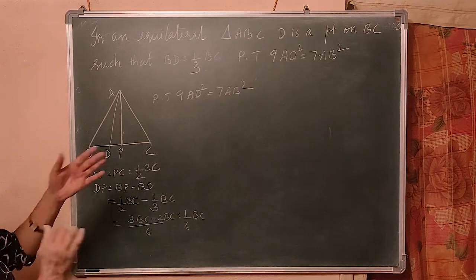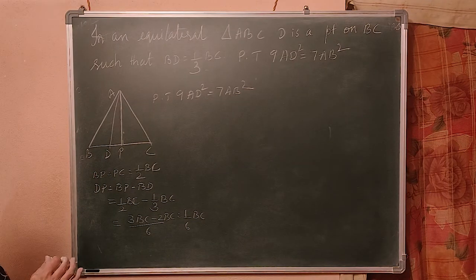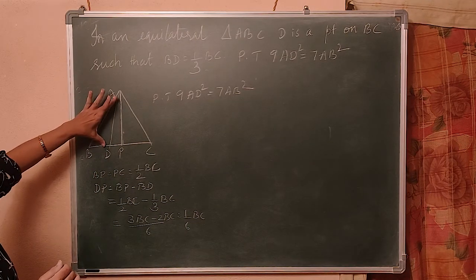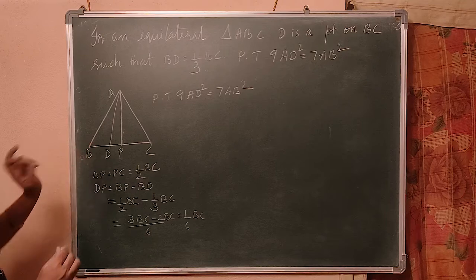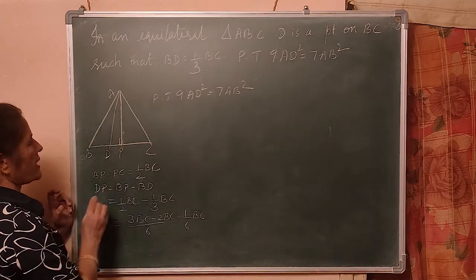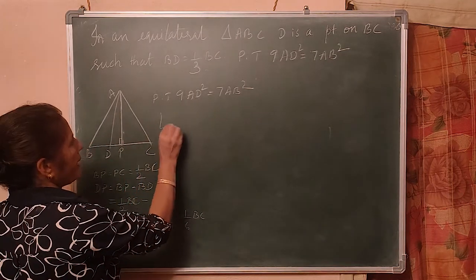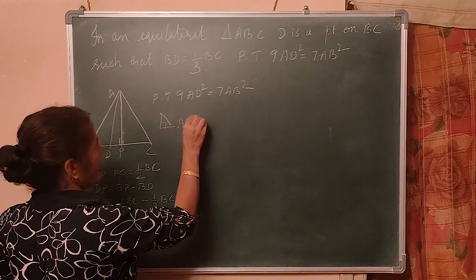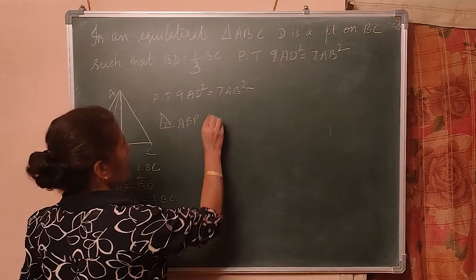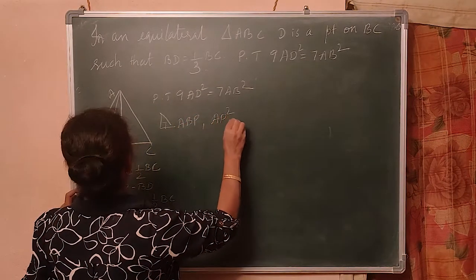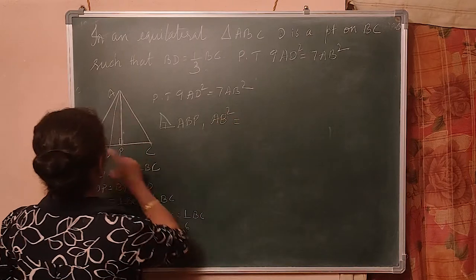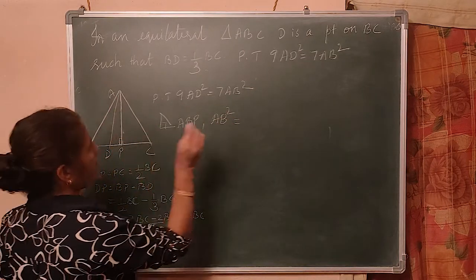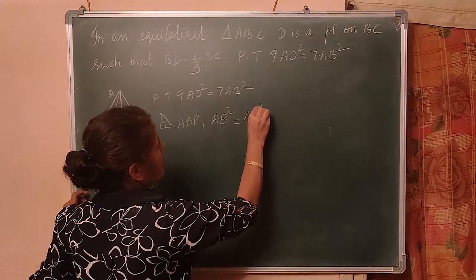With that I will start. Now what is given here? AD square is there, AB square is there. So we got two right angle triangles. In right angle triangle ABP, AB square is equal to AP square plus BP square.